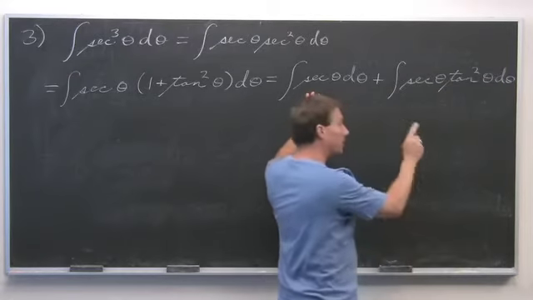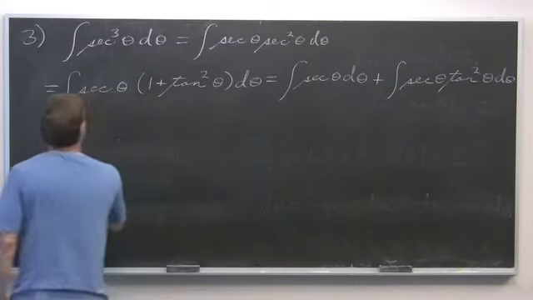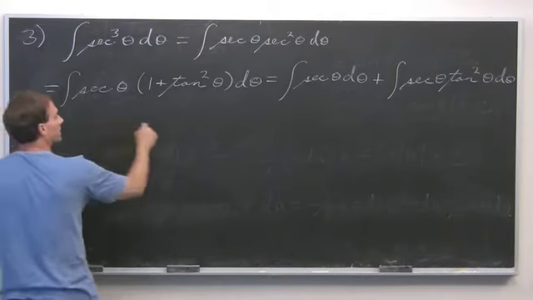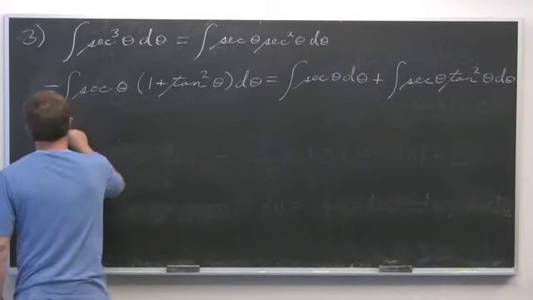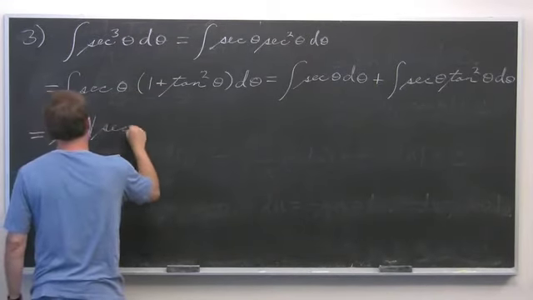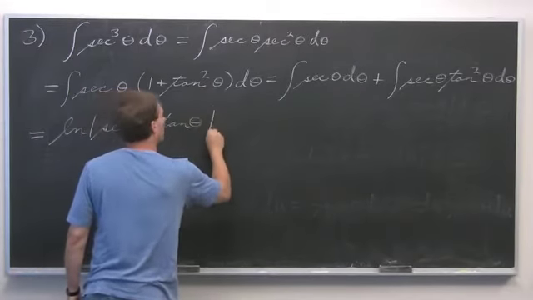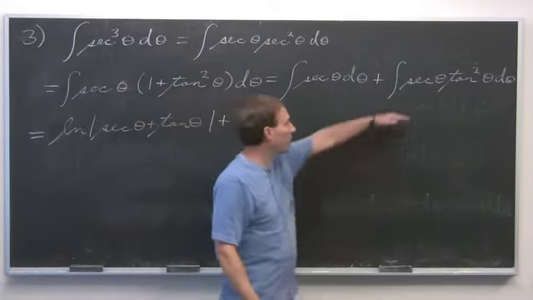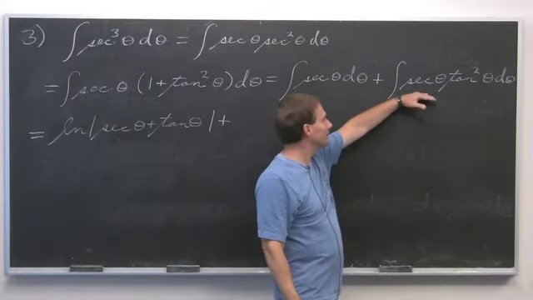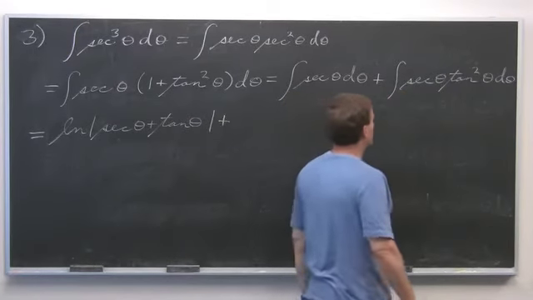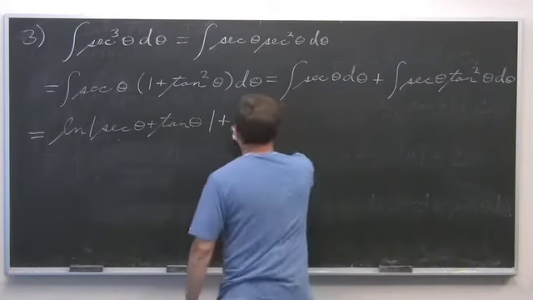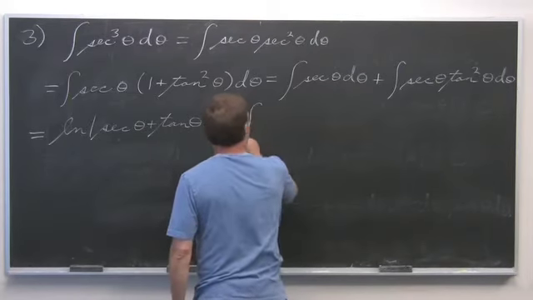The integral of secant theta is what we just did. So what we get is that this part is the natural log of the absolute value of secant theta plus tan theta. But then how do you integrate this part? Well, it's not so obvious. But you integrate it by parts.